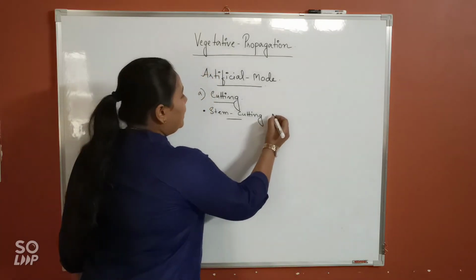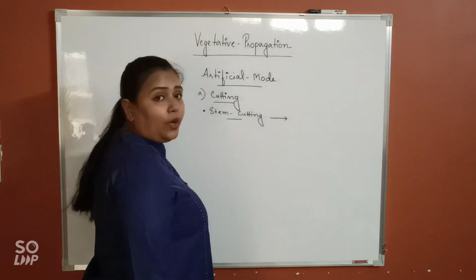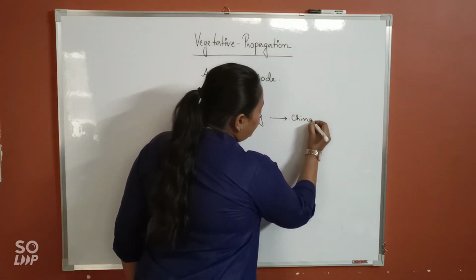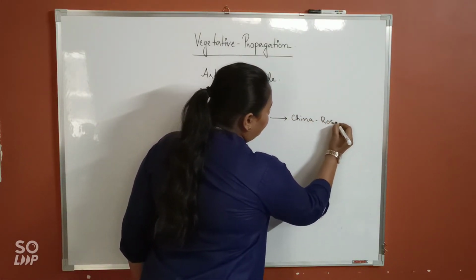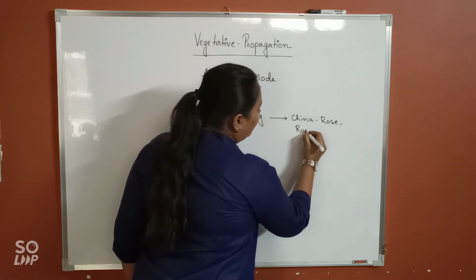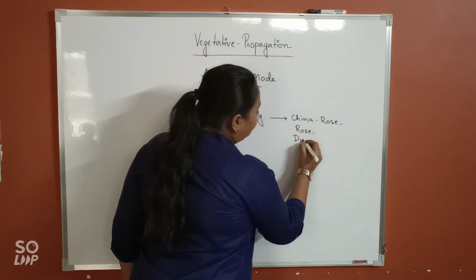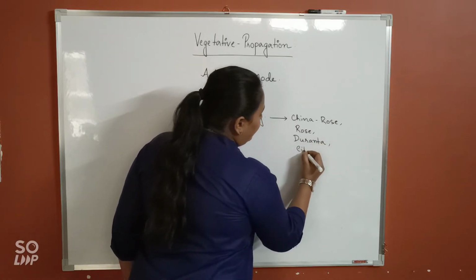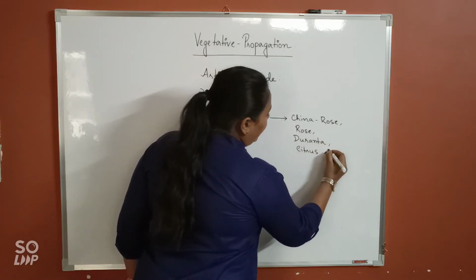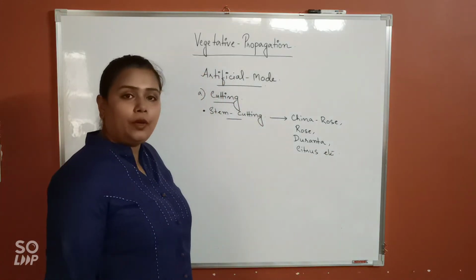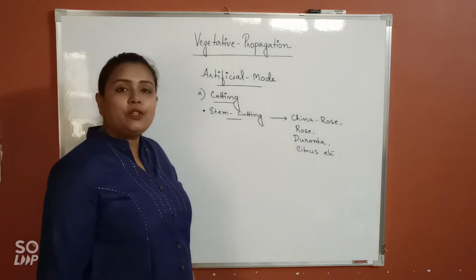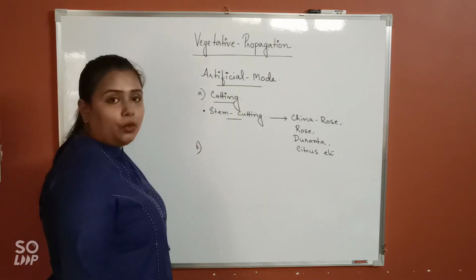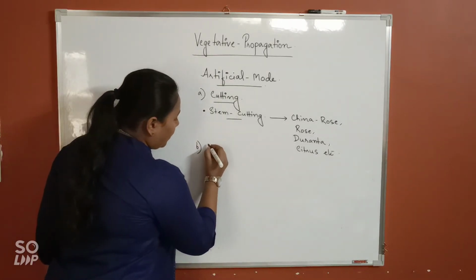This can be employed in plants like China rose, rose, Duranta, citrus, etc.